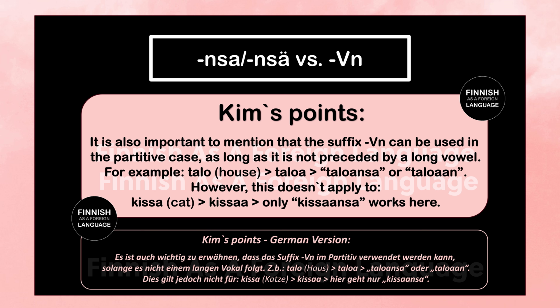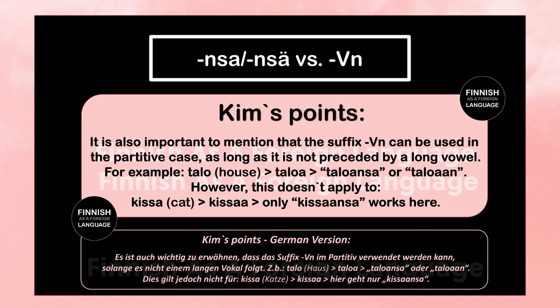However, this doesn't work for the word kissa, which means cat. The partitive case of kissa is kissaa with a double a, so here we can only use the form kissaansa. So, in other words, the possessive suffix ensa for this example cannot be replaced with the other suffix vowel n. Why? Because we want to avoid three a's in a row.